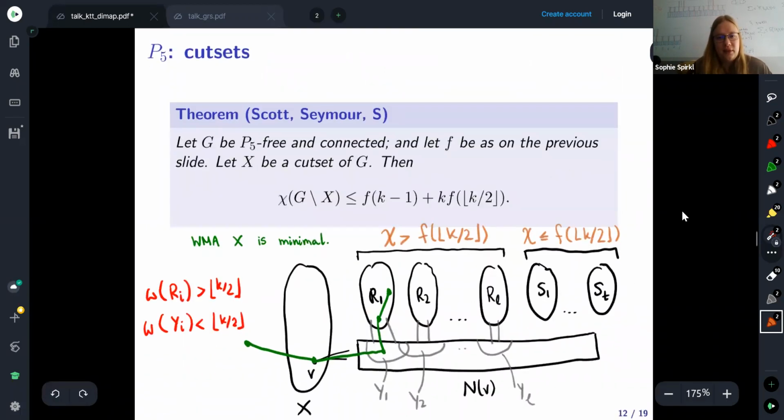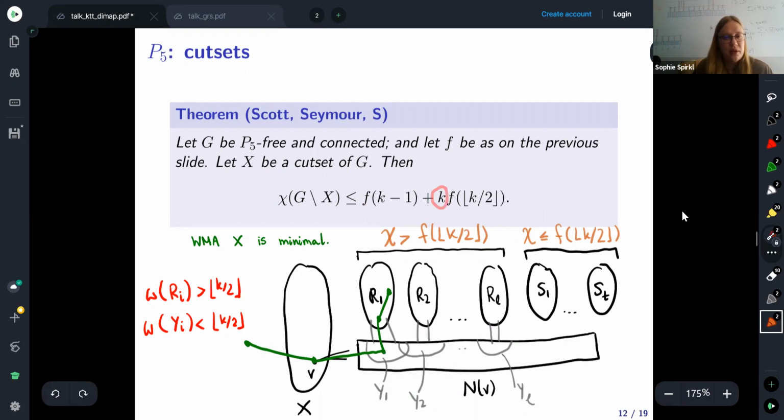Okay, so here's the first step of the proof. If we have a P5-free graph and we can assume it's connected by induction on the number of vertices, and we pick f, something that works for clique number 1 less, then let's first prove that for a cut set of G, the chromatic number of the graph having deleted that cut set is at most this, which is not quite the recursion on the previous slide.